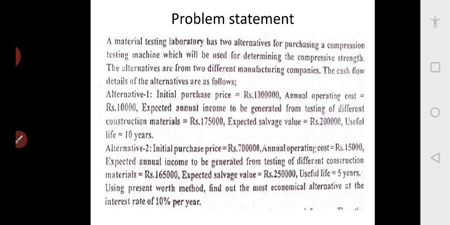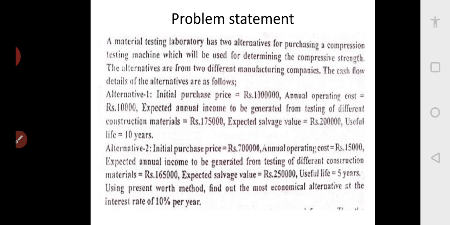So the problem statement is: a material testing laboratory has two alternatives for purchasing a compression testing machine which will be used for determining compressive strength. In our lab also we have a computerized UTM and CTM.